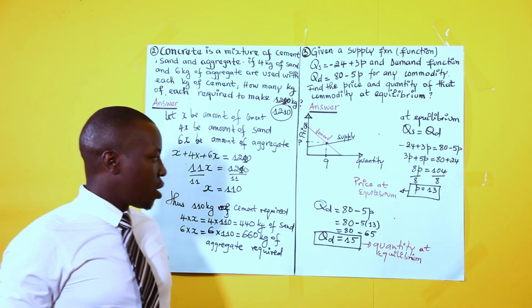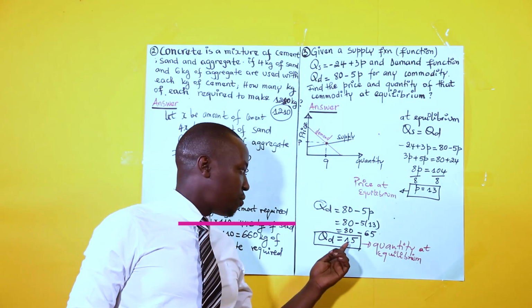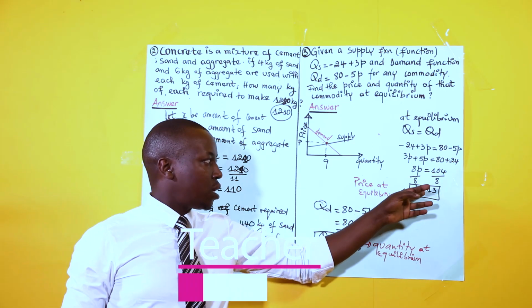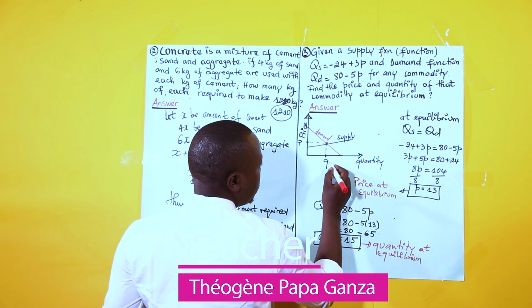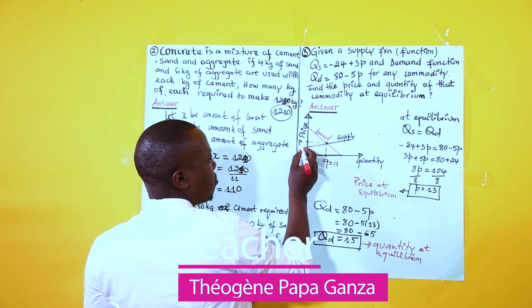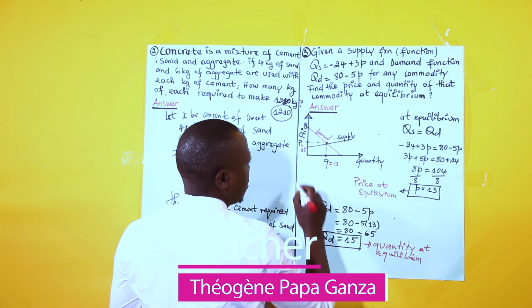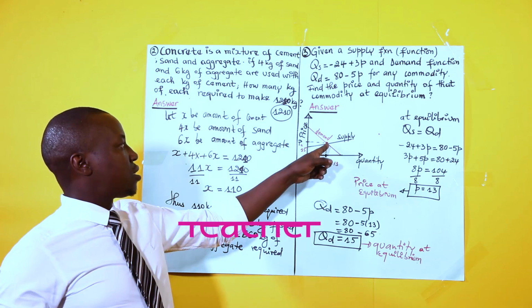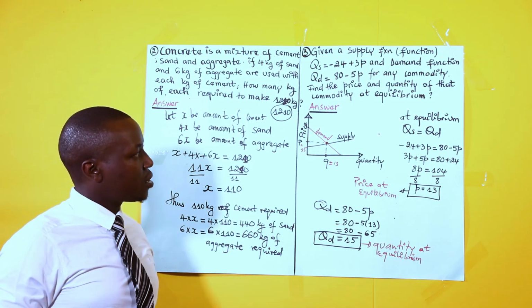All right, so this is what we were asked. The quantity of that commodity is 15, and the price is 13. You can even put here 13 for the quantity and price to be 15. So this point is the equilibrium of quantity and price.